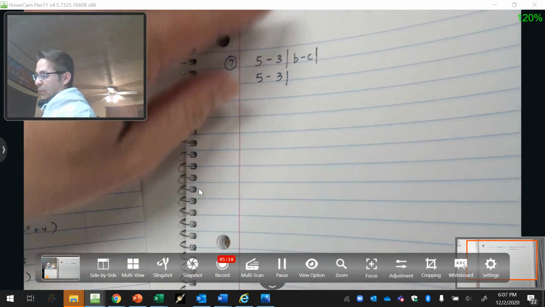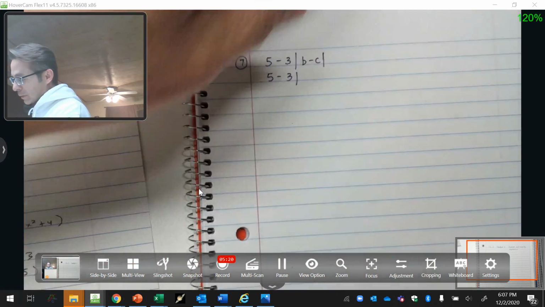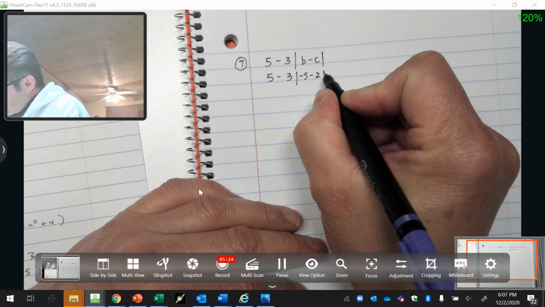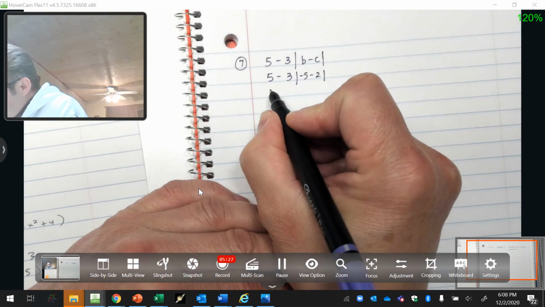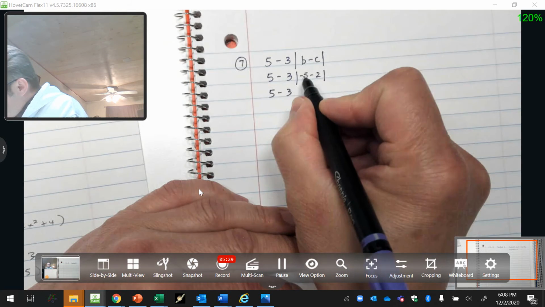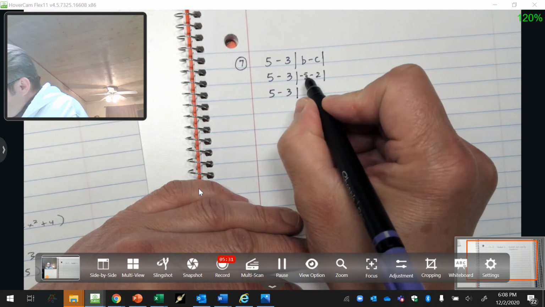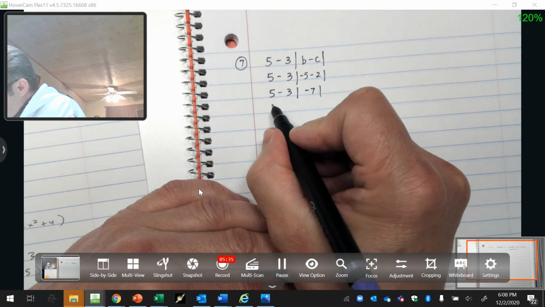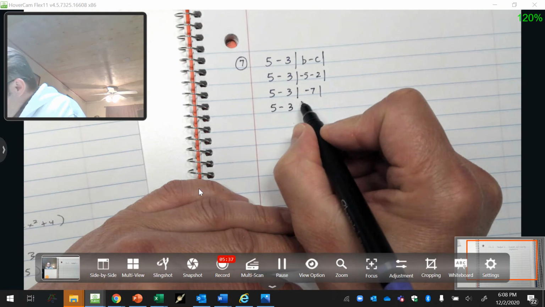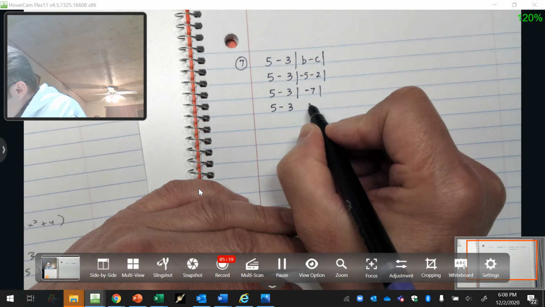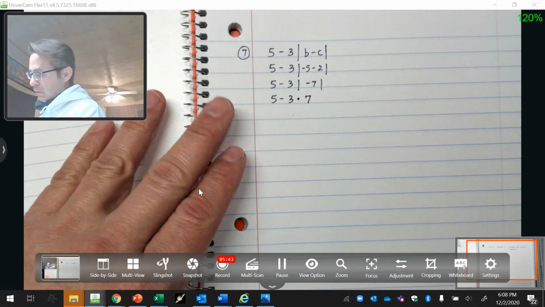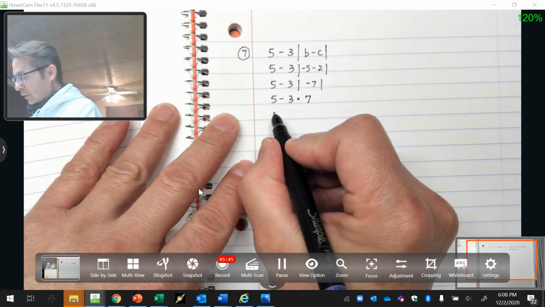B is negative 5. C is 2. Do what's inside the grouping symbols. Negative 5 minus 2 is negative 7. Then the absolute value of negative 7 is positive 7. And then multiply before subtract.